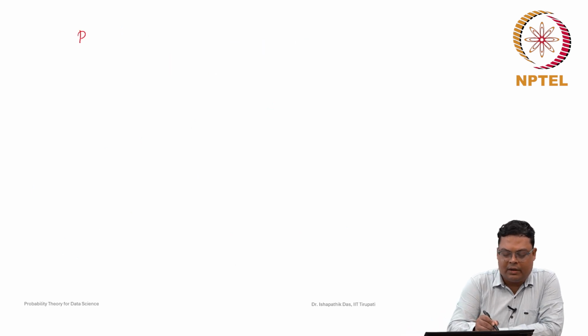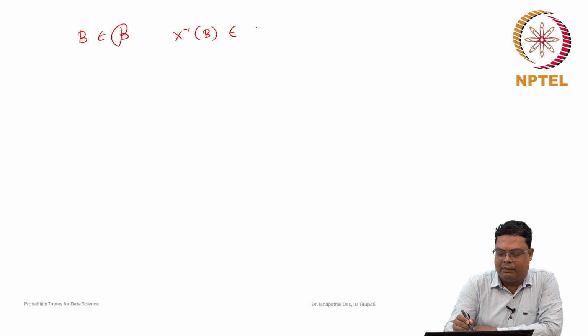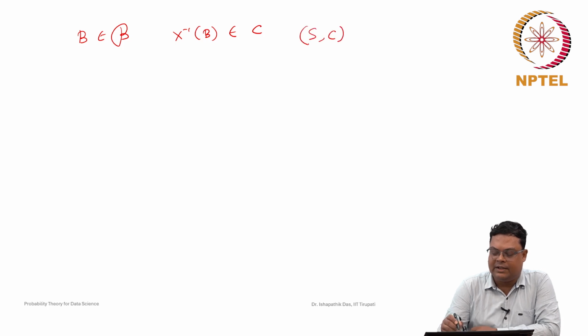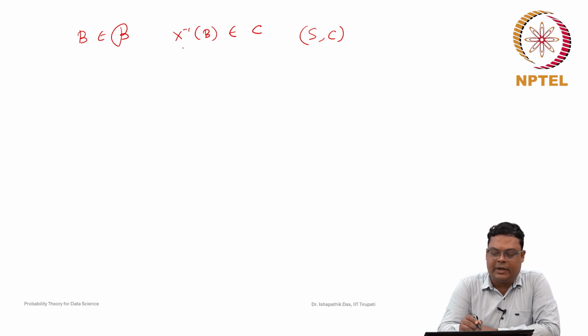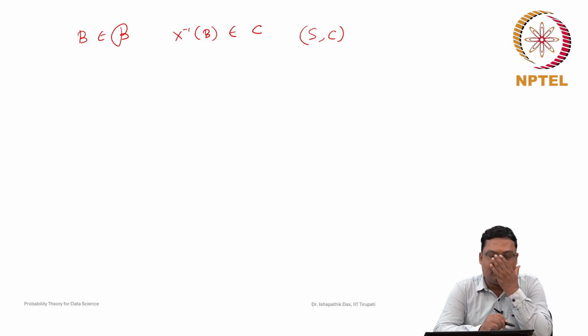For any set B belonging to the Borel sets, X inverse of B must belong to C. Here S is the sample space and C is the collection of subsets of S, a sigma field, and B is a Borel set. So X inverse of B is in C. Then X is a measurable function, and it is called a random variable. Now let us discuss some numerical examples of random variables.